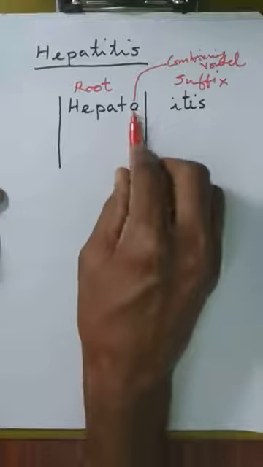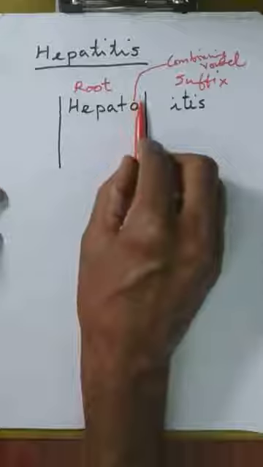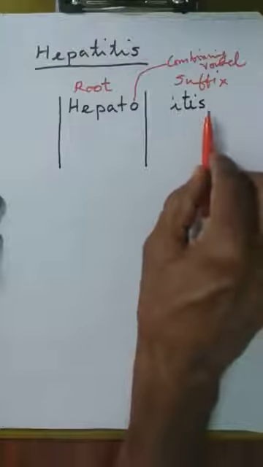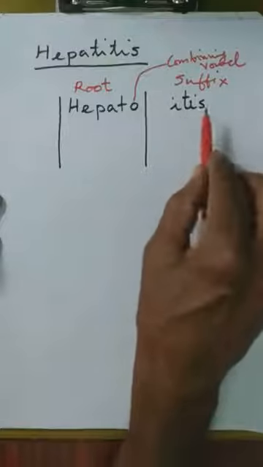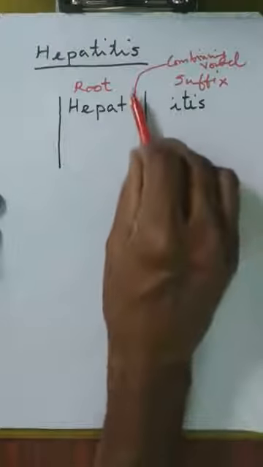When we add O, that means this word is ready to combine with another word or another suffix. That is the meaning.